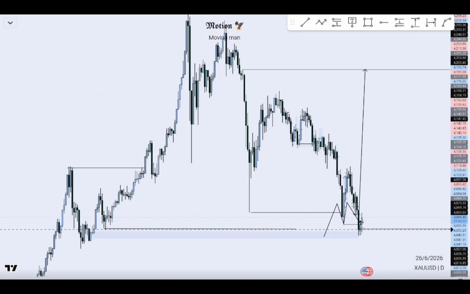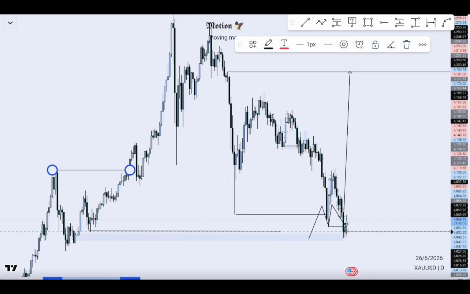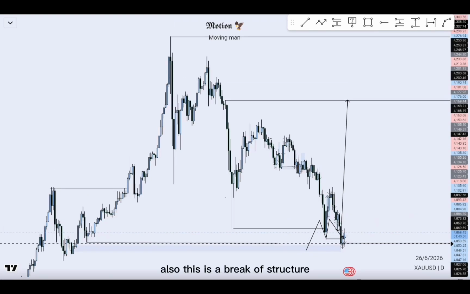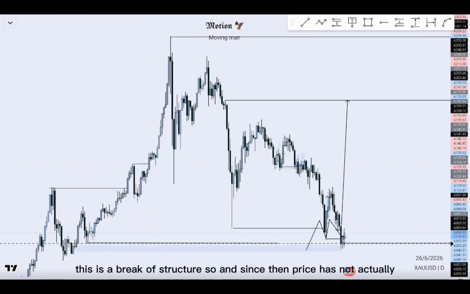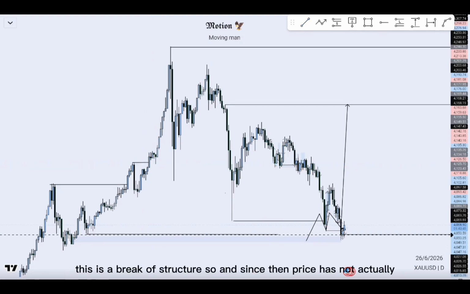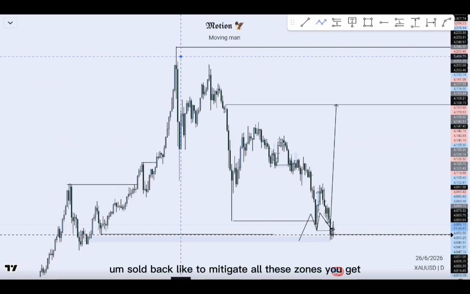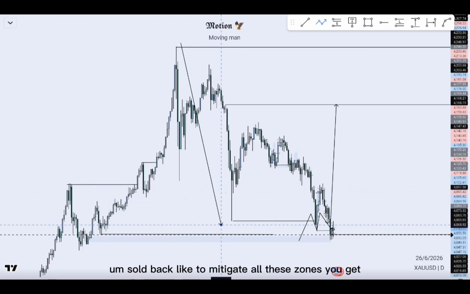This is gold on the daily time frame. So we had this break of structure here to the upside, and also this is a break of structure. This is a break of structure also, and since then price has not actually sold back to mitigate all these zones.